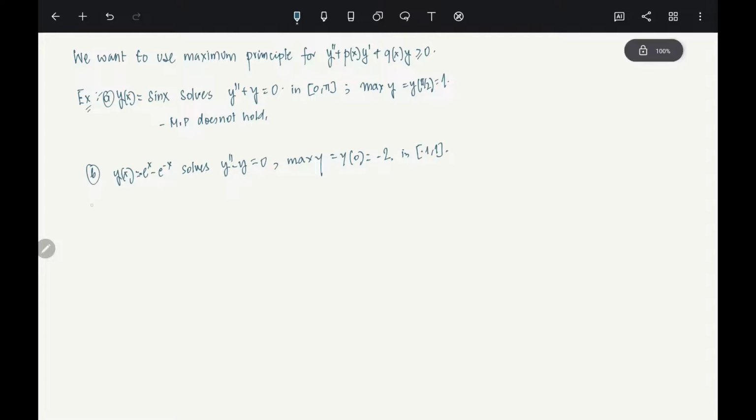So we'll look at a theorem, and what does this theorem say?